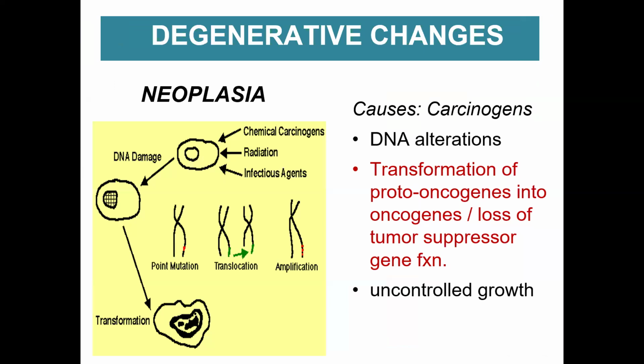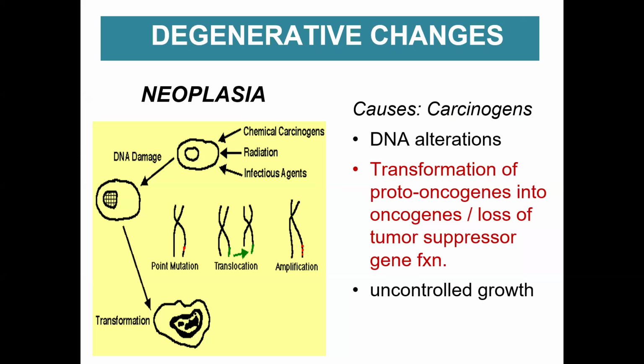Next, everyone is familiar with neoplasia. So basically, the causes are your carcinogens, mainly due to DNA alterations. These carcinogens will alter your DNA. So this would lead to the transformation of proto-oncogenes into oncogenes or the loss of tumor suppressor gene function. Your proto-oncogenes are proteins that help in cell differentiation and cell growth.